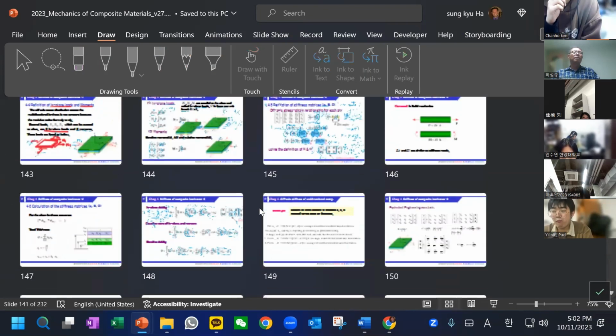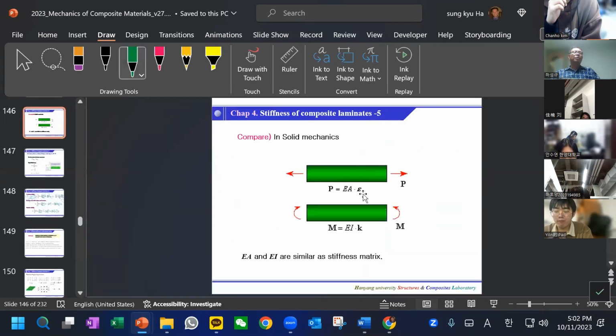Okay, now I'm going to use this slide. See, we have a one-dimensional bar. We have a P. I use F, but the force and epsilon relate through EA. This is very typical isotropic, and the bending moment and curvature relate through EI.